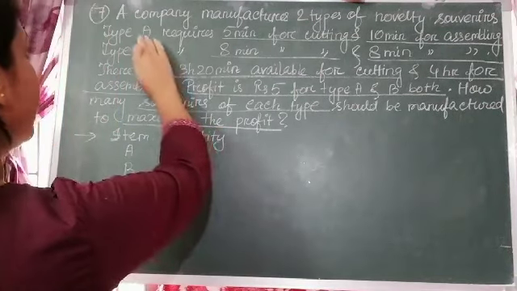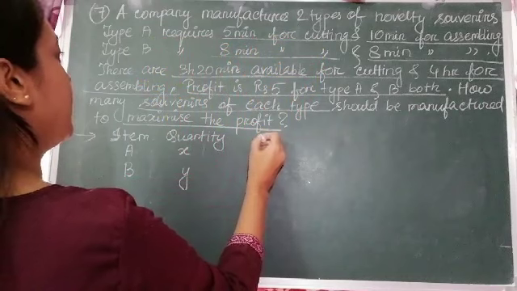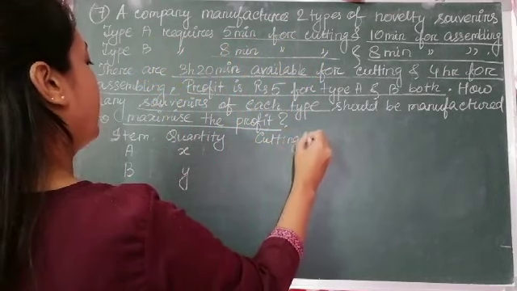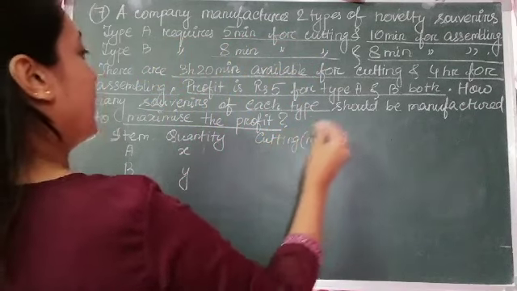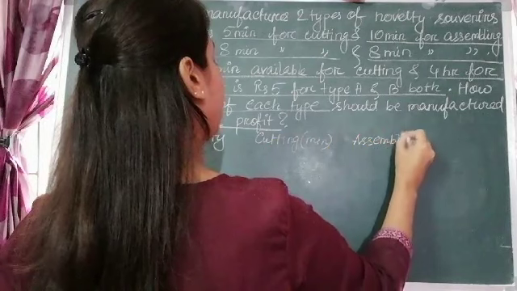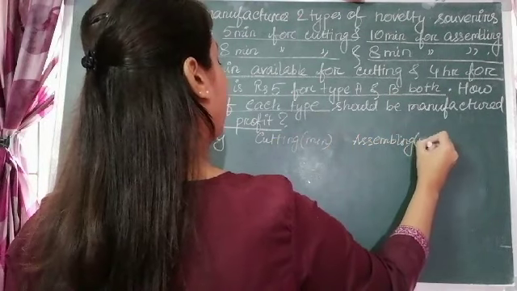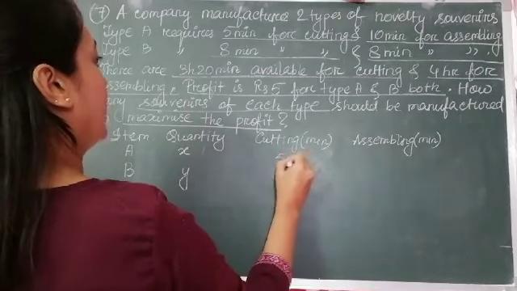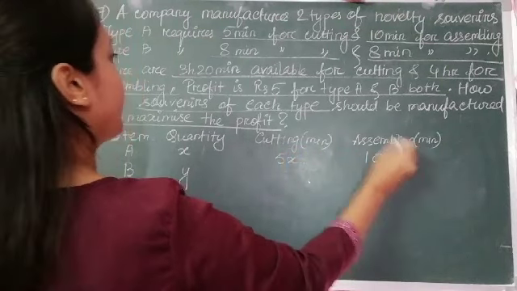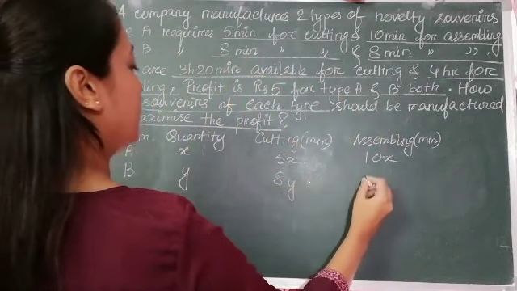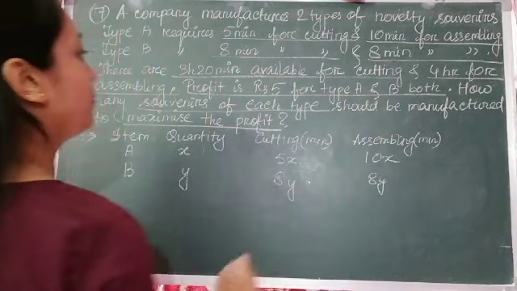Okay, so next, type A requires 5 minutes for cutting. So time for cutting in minutes, and time for assembling in minutes again is given as 5 and 10, and for type B it's 8 minutes and 8 minutes for assembling also.